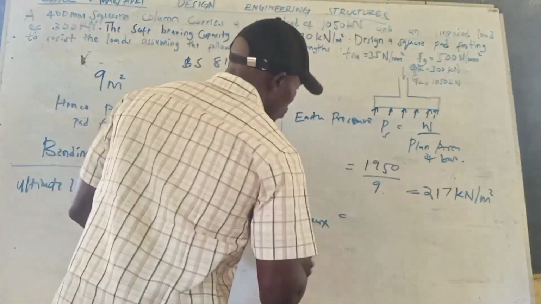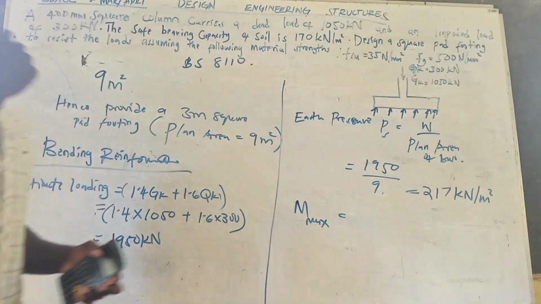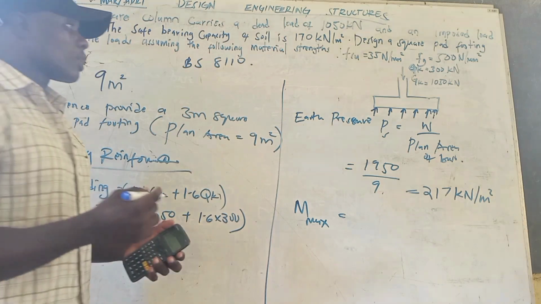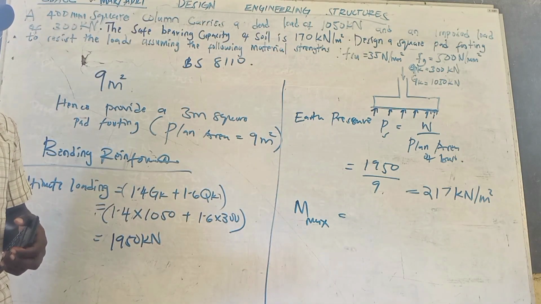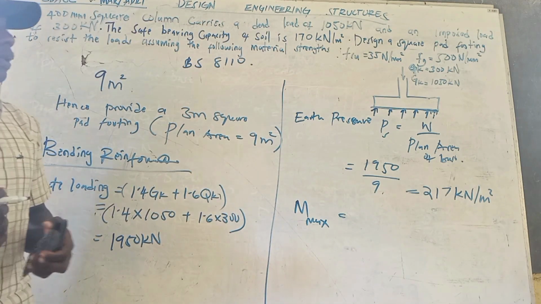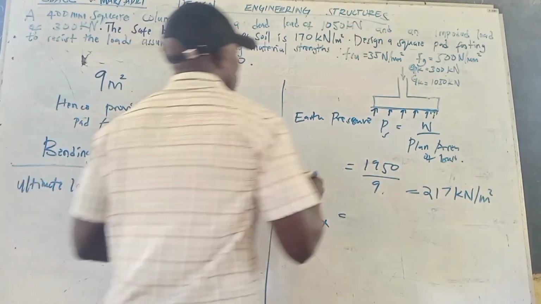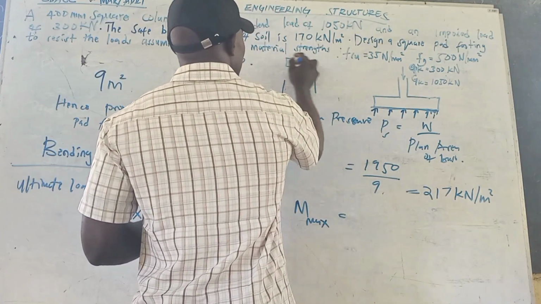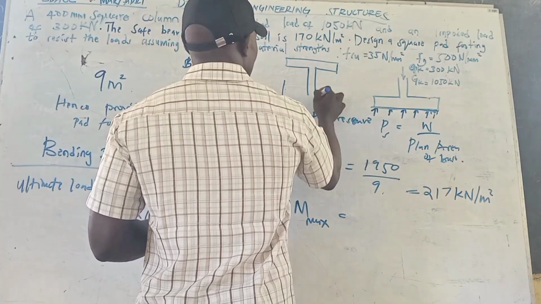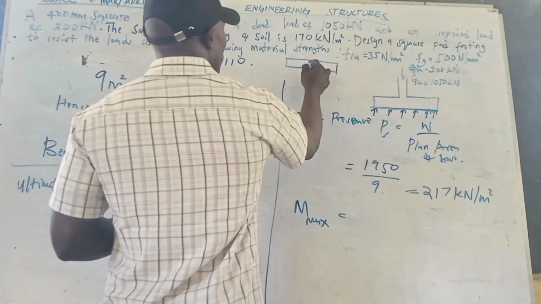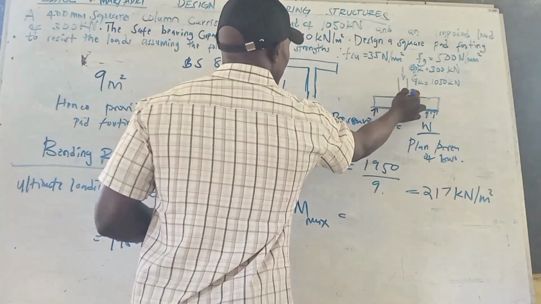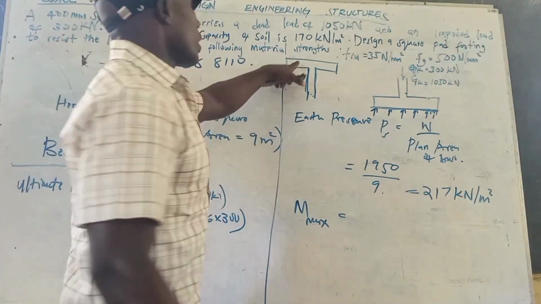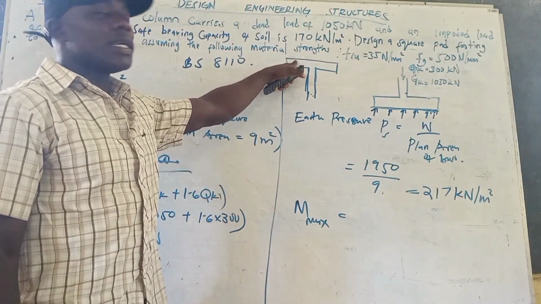we'll take you back to your knowledge of theory of structures. The column is a fixed support, so it acts as an upside down beam. In this case, the column here acts as a fixed support for the footing here.